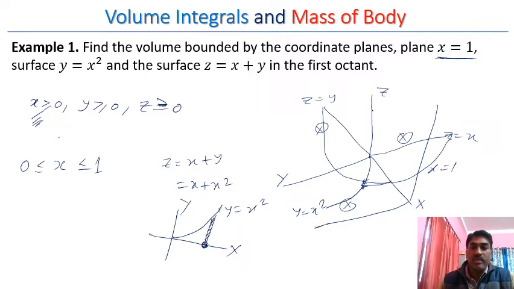The value of y will be obtained from the lower and upper curves. At the lower point, on the x-axis, y = 0, and at the upper curve y = x². So the limit of y varies from 0 to x². Again, we have obtained two limits.